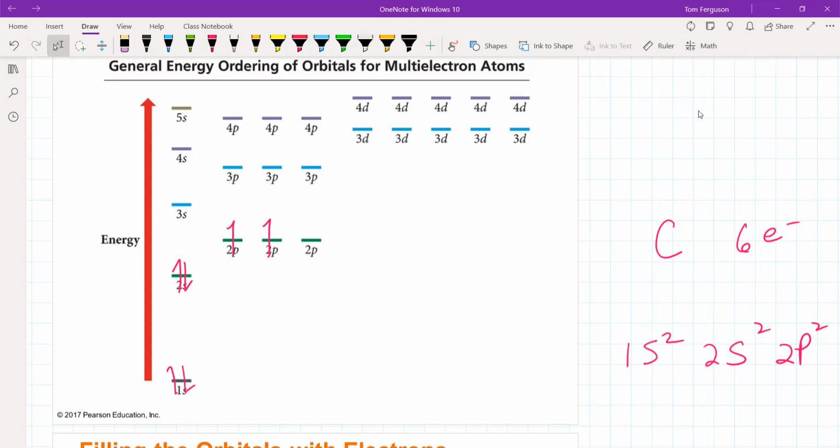So we've got 6, 7, 8, 9, 10, 11, 12, 13, 14, 15, 16, 17, 18, 19, 20. Okay, so I started at the bottom and just went up.